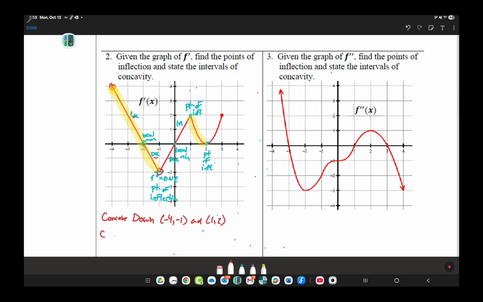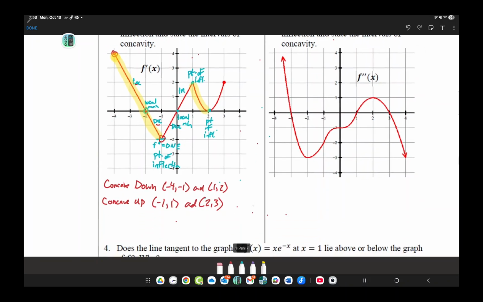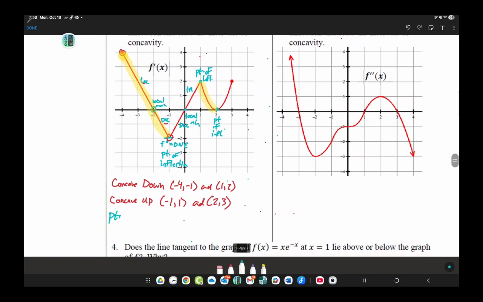It is concave up everywhere else. So from -1 to 1, and 2 to 3. And we already talked about the points of inflection, so points of inflection at x equals -1, 1, and 2.